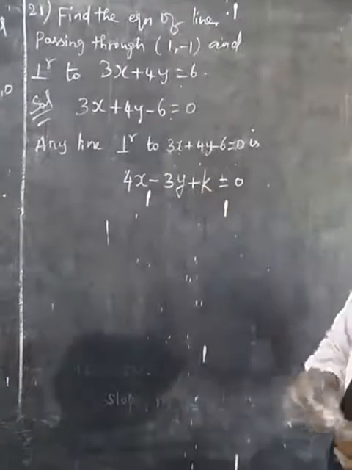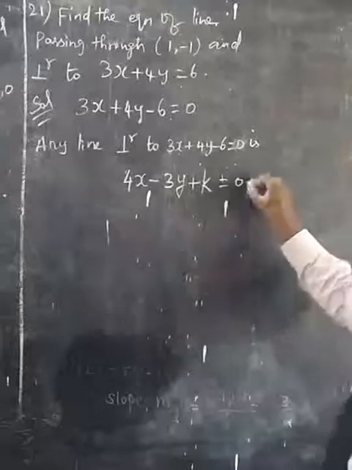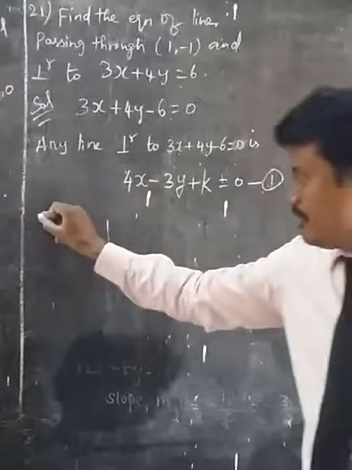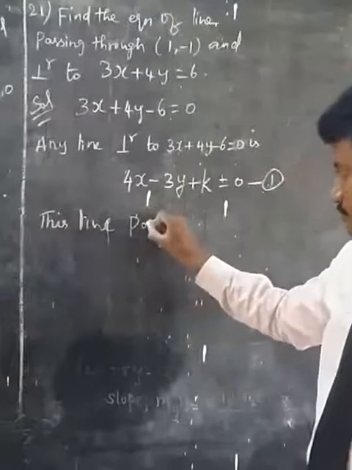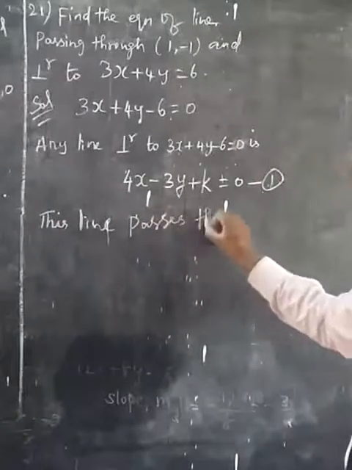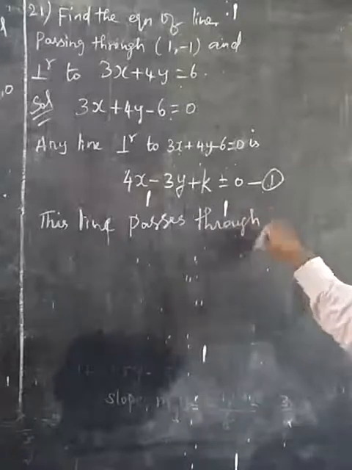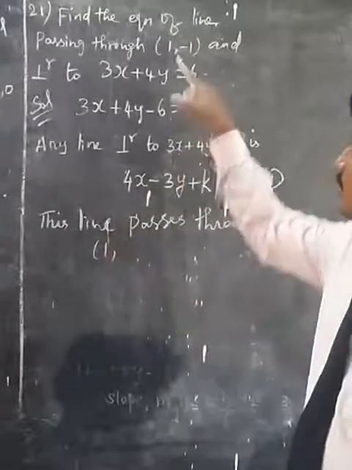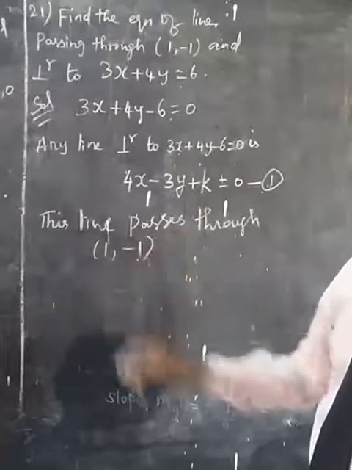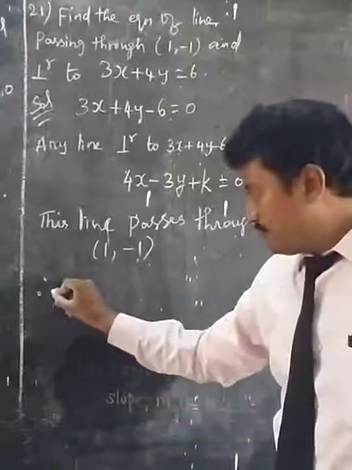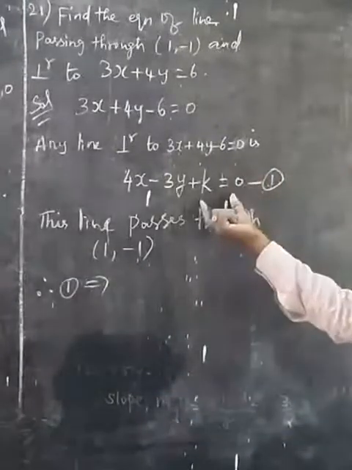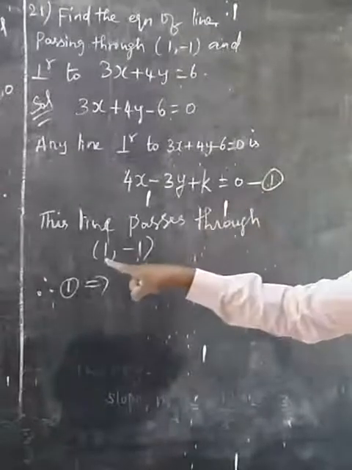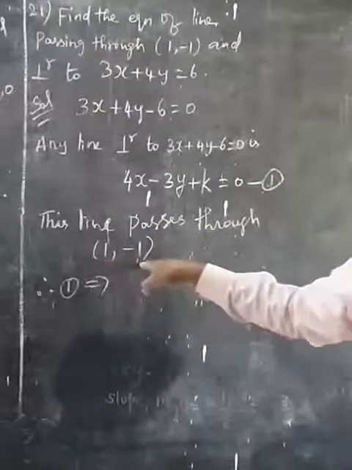We will give this as equation number 1, and this line passes through which point? (1, -1). Therefore the first equation, we have to substitute x as 1 and replace y by -1.